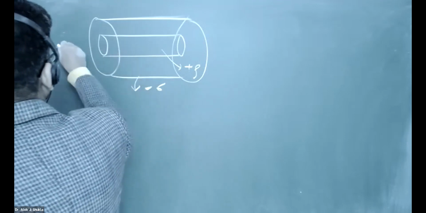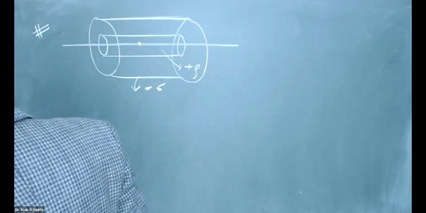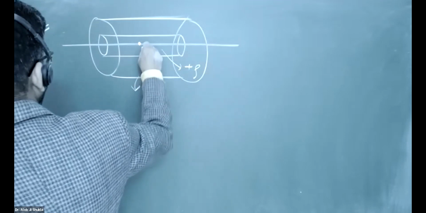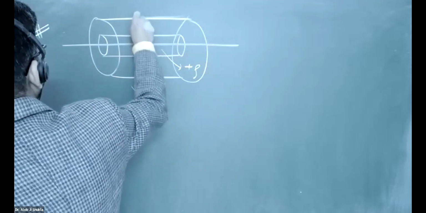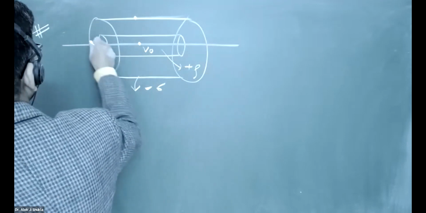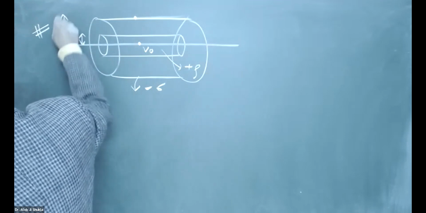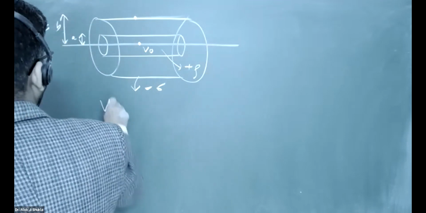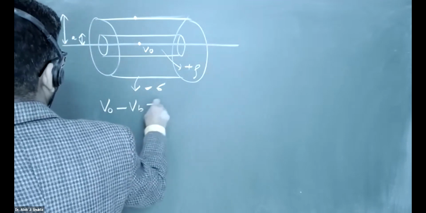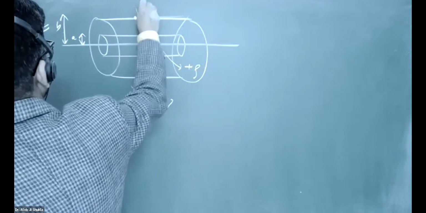And this point is O, and this point is B. So actually this is radius small a, and this is radius small b, and you need to calculate VO minus VB is equal to question mark.